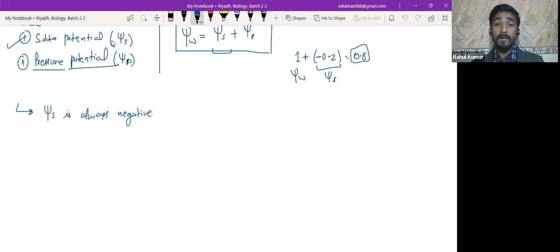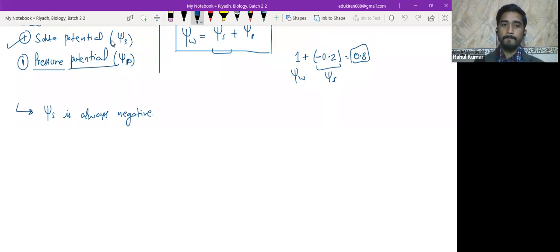So write down: any pressure applied above the atmospheric pressure. The atmospheric pressure is 1 atm, we call it 1 atmospheric pressure. That's the normal atmospheric pressure that we have. So any pressure applied above atmospheric pressure to a pure water or a solution leads to an increase in the water potential.